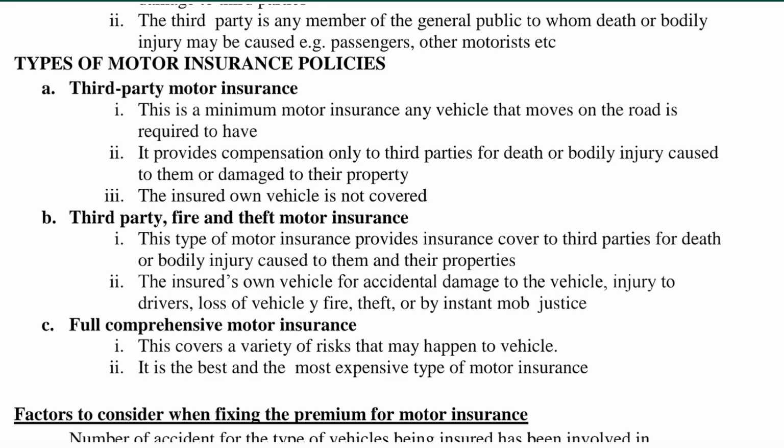Now we also have the full comprehensive motor insurance. This covers a variety of risks that may happen to the vehicle. It is the best and the most expensive type of motor insurance.